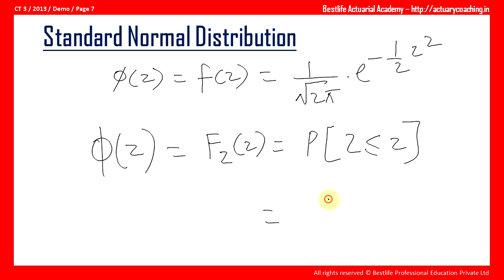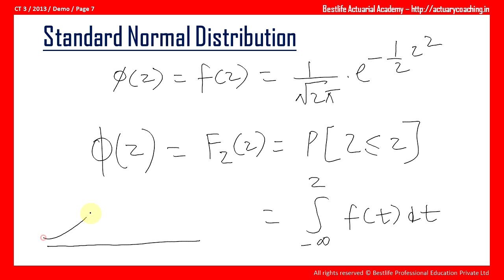We can calculate this as the integral from minus infinity to z of f(t) dt. So we have pre-calculated probabilities for the standard normal distribution, and this is also a bell-shaped curve with midpoint as 0. Since the mean of the standard normal is 0, values will also be between minus infinity and plus infinity, and this would be the standard normal distribution.